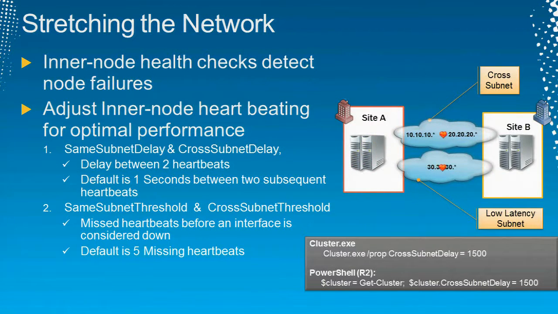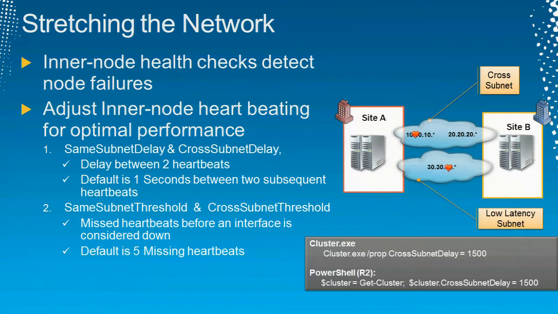Stretching the network. The cluster has a mechanism which detects the health of a network by doing heartbeating between networks. It sends a message to each node in the cluster on every available network to make sure the network is up and running. So if you look here, let's assume you have two networks. One is a cross subnet, which is a low latency subnet stretched across two sites.